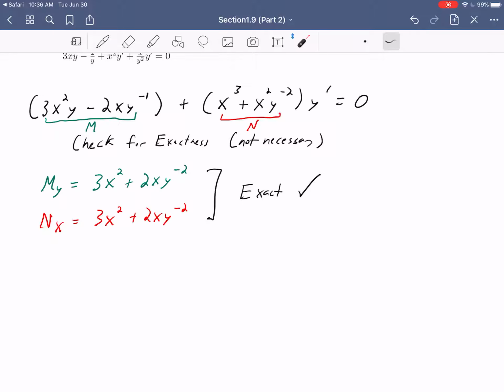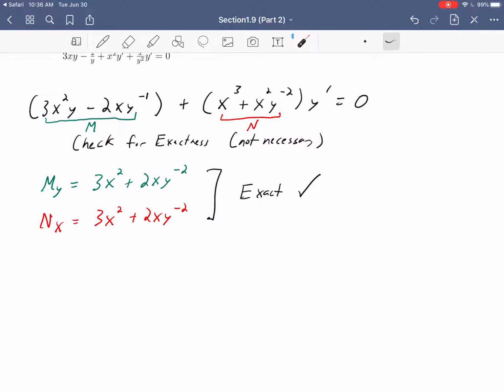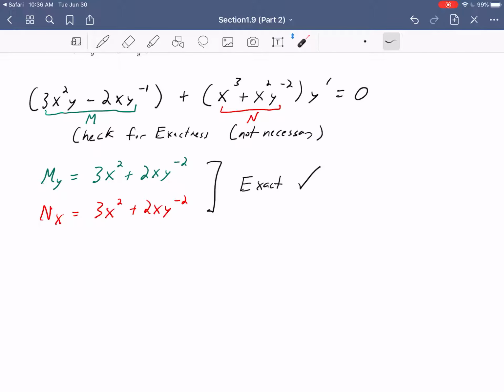So our integrating factor really did work. Again, you don't need to do this second check for exactness, but if you want to, it does confirm that you correctly found the integrating factor and multiplied everything out correctly. So there is some advantage to doing this quick check. You know that it will work, provided there are no algebraic mistakes, but it doesn't hurt to double check. Okay, now that we know that it's exact, remember what that means.